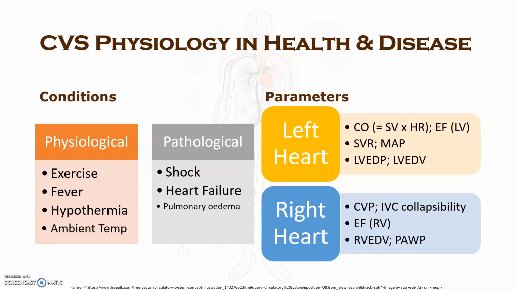For each condition, we will look at its effects on parameters concerning the left heart or systemic circulation and the right heart or pulmonary circulation. And we've listed the parameters that we're going to look at on the right of this slide.